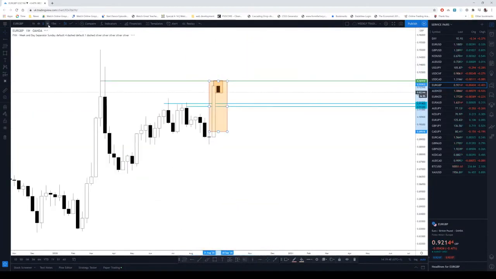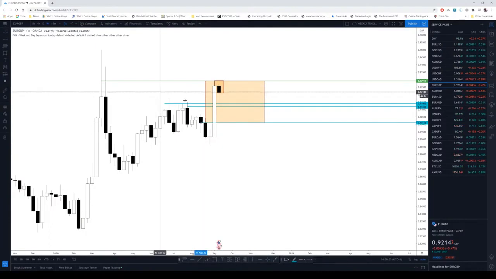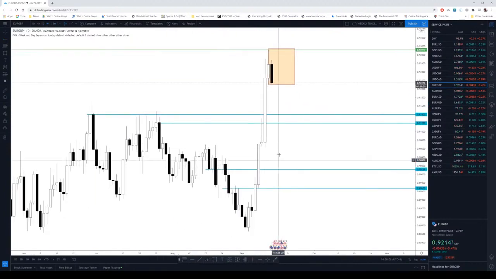If you look on the weekly, we could see, yeah, here as a potential target as well. So I can leave a line here and a line there. Okay, so these will be downside objectives that I'll be watching.